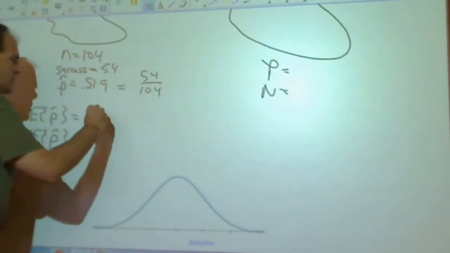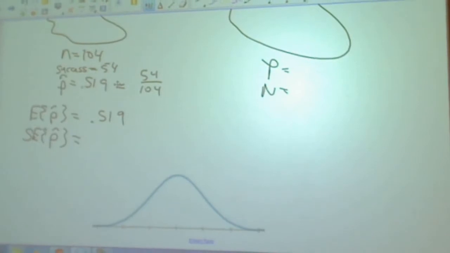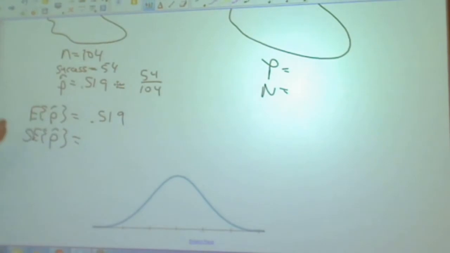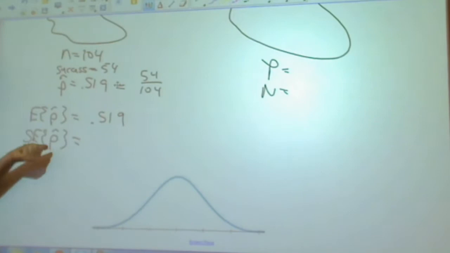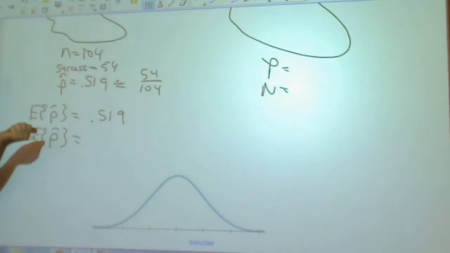We're going to center it around 0.519 and calculate our standard error. We've switched the name: it's not standard deviation, it's standard error. Standard error is when you use your sample number.